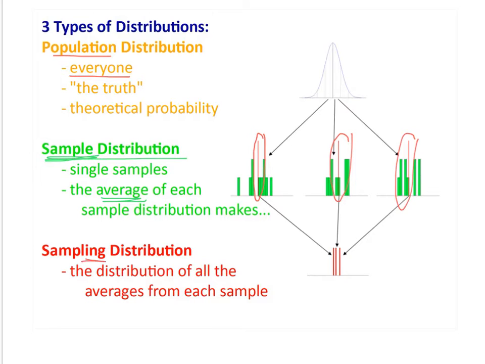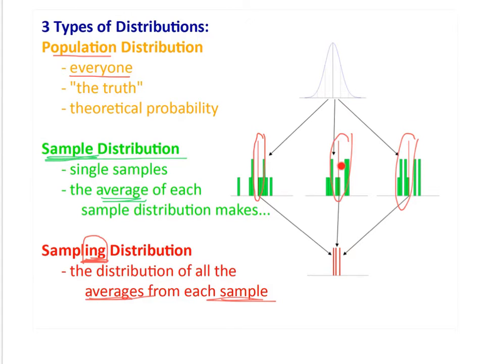So sampling distribution is a big difference from a sample. A sampling distribution is all of the averages from each sample. Let's say I take a sample of 50 high schoolers and get their average GPA. And then another sample of 50 high schoolers and get their average GPA. Another sample of 50 high schoolers and get their average GPA.